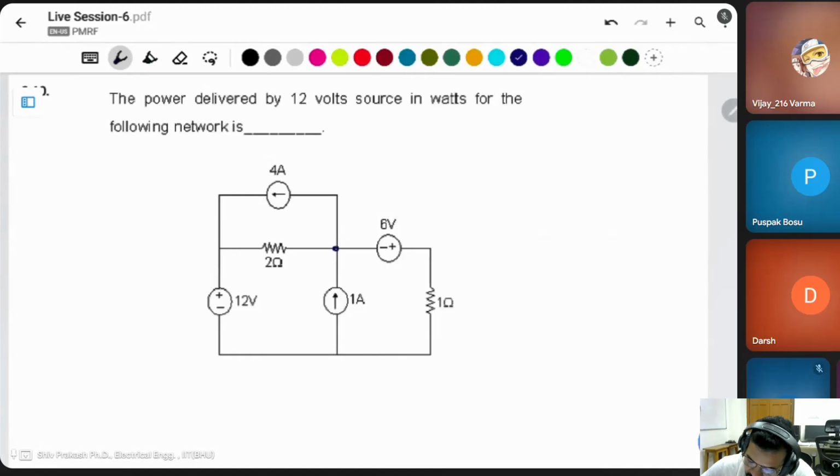Then 1 ampere is incoming, and outgoing is V by 3 plus again (V minus 6) divided by the 6 ohm resistor. This is 6 volt. Simply this is 0, and we will get the final answer. LCM is 6, so this will be 6 plus 2V plus V minus 6 is equal to 0.